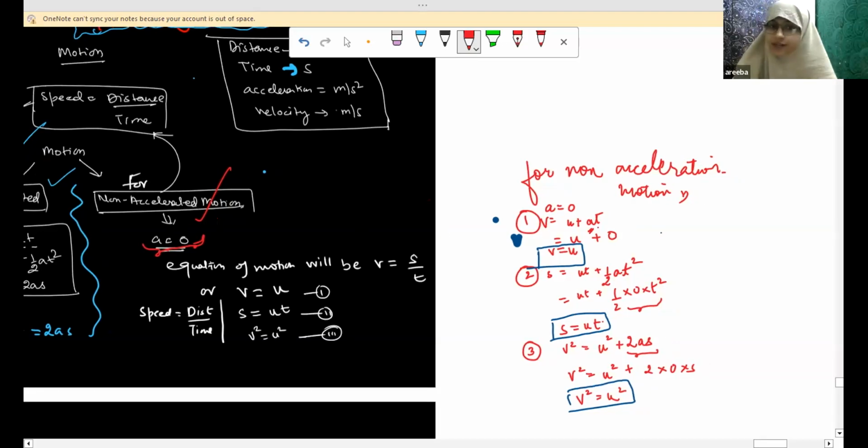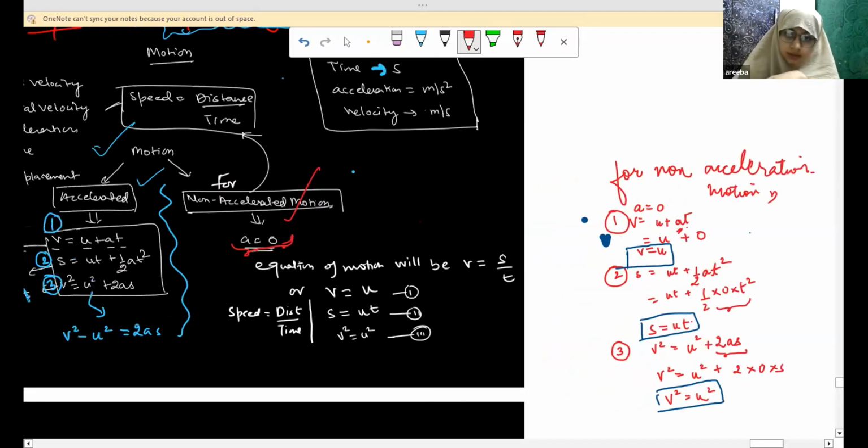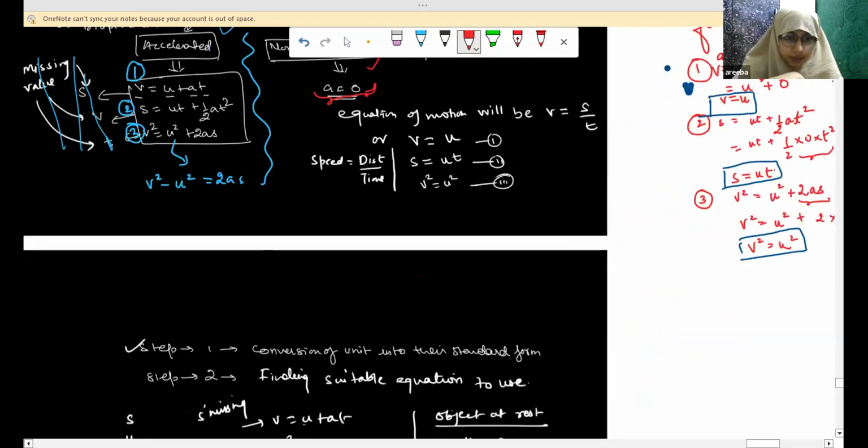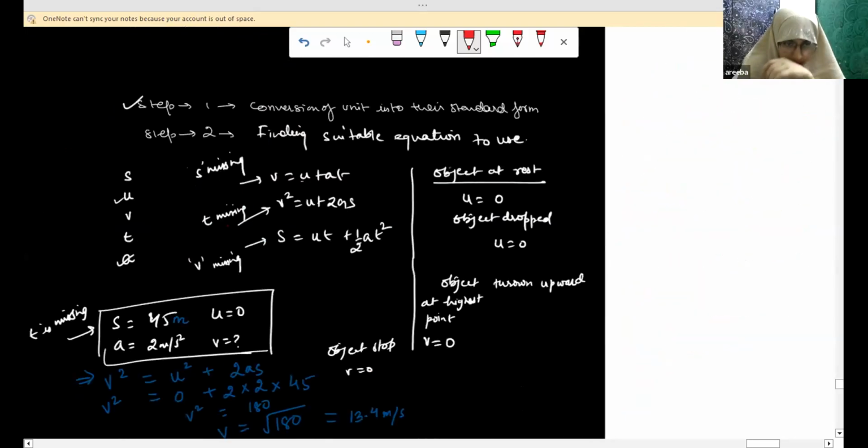So since acceleration is 0 in the case of non-acceleration motion, I have applied all these three equations of motion by keeping the value of acceleration as 0. Okay? Yes, Abdullah? Chalo.